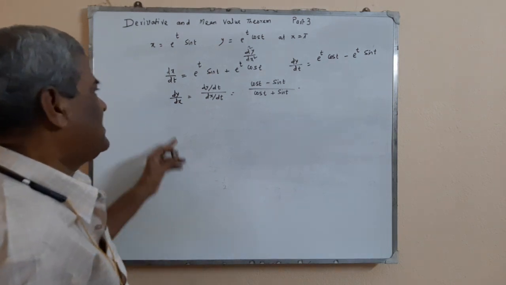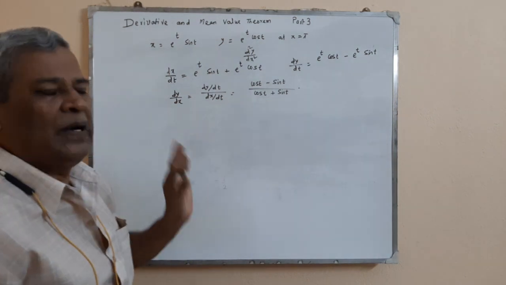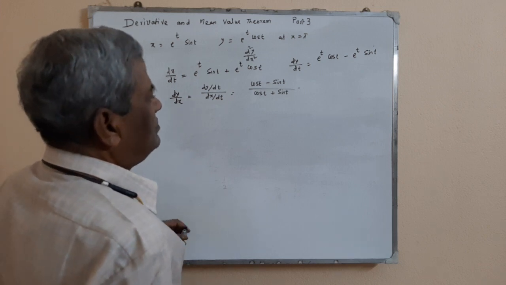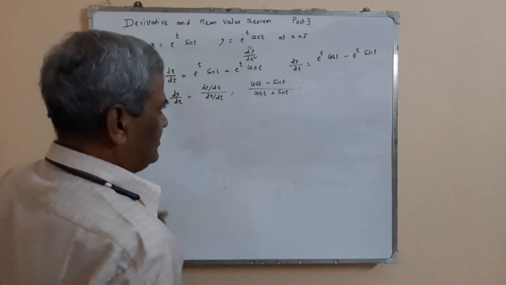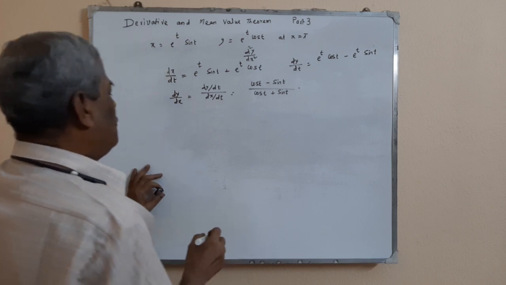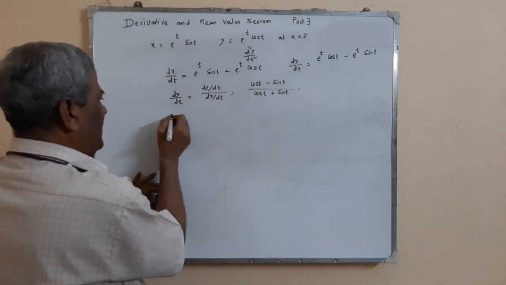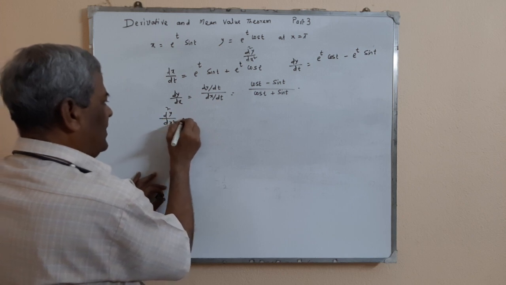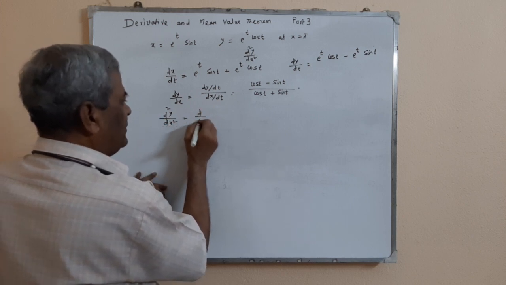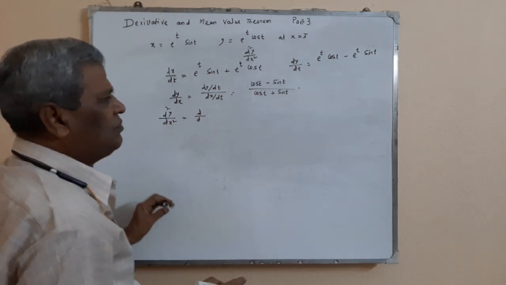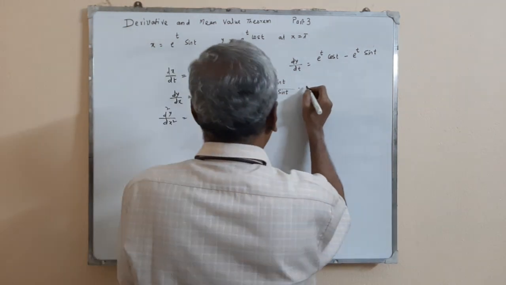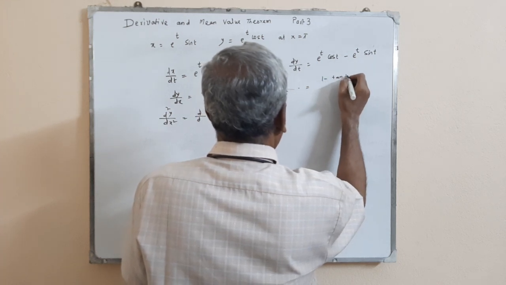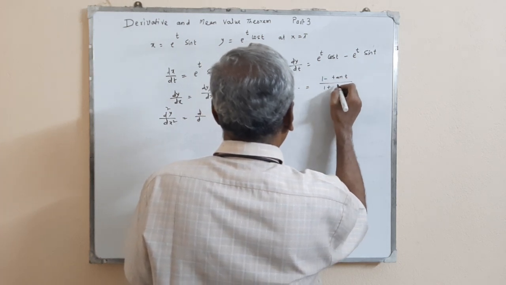So dy dx is a function of t only. Now, for the second order derivative d2y dx2, which is d dx of this, it can be simplified. This can be written as 1 minus tan t by 1 plus tan t.